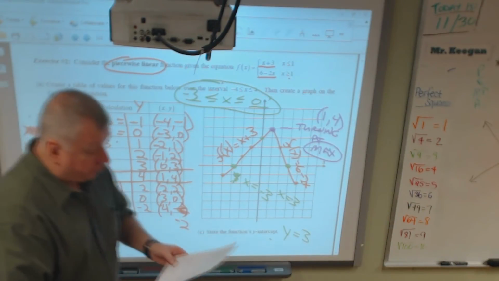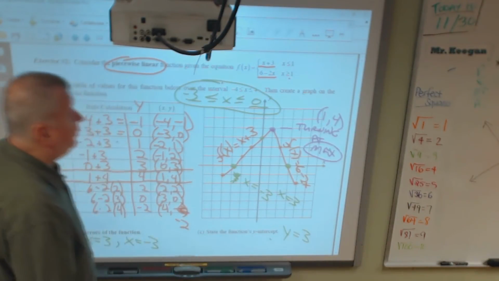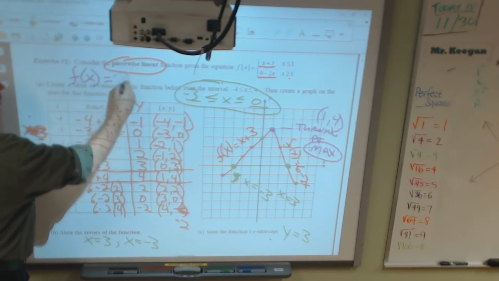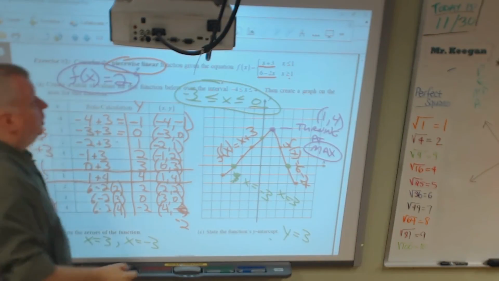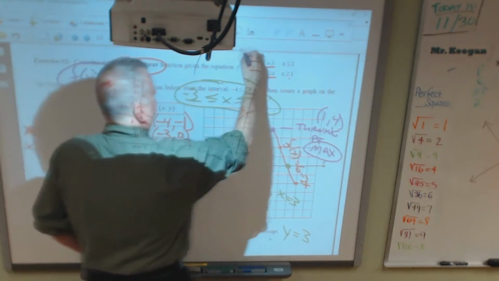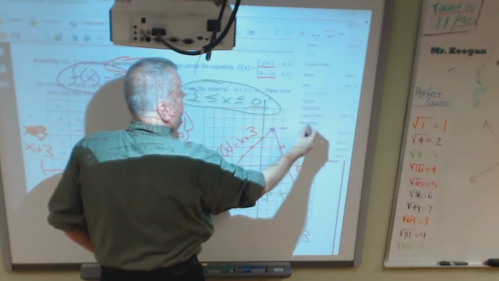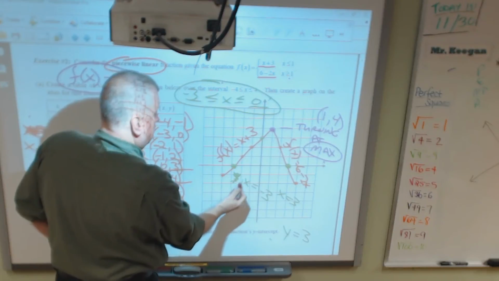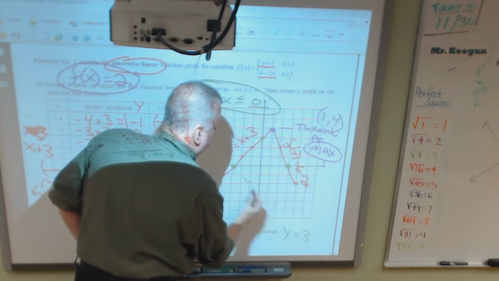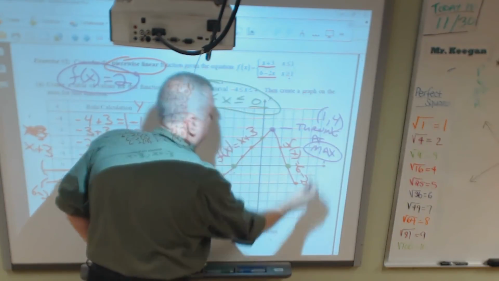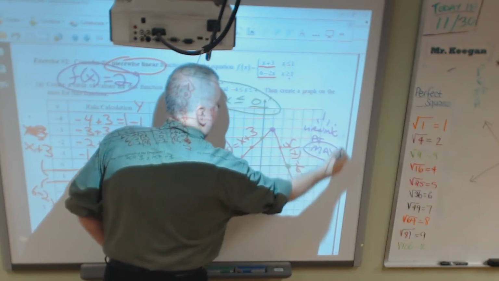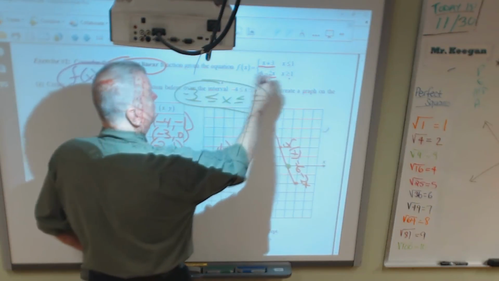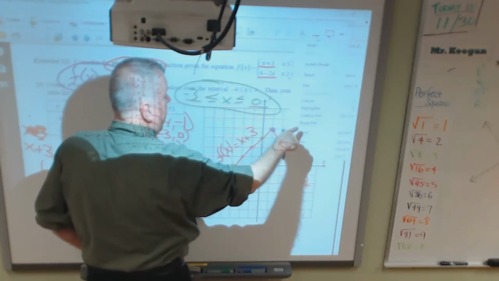Use your graph to find all solutions to the equation f of x equals 2. In other words, they're saying all the places where the output is positive 2. Let me just erase some of the extraneous stuff here.